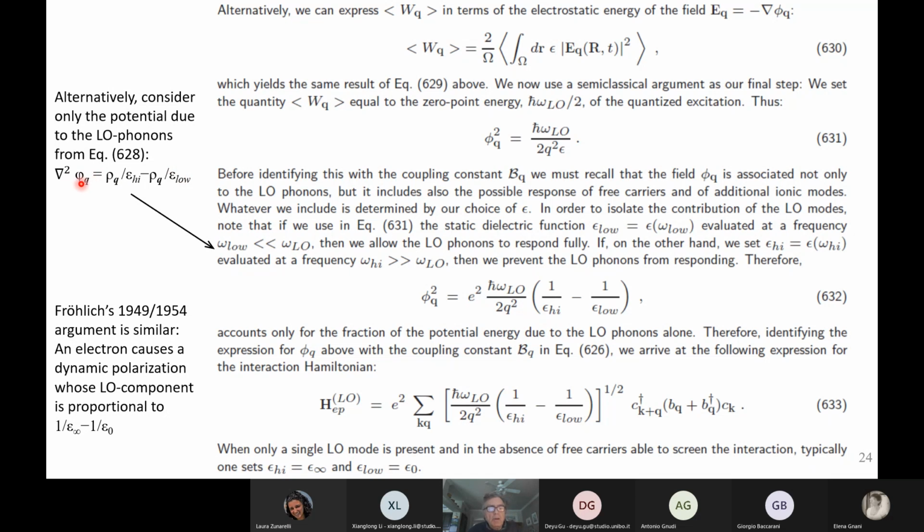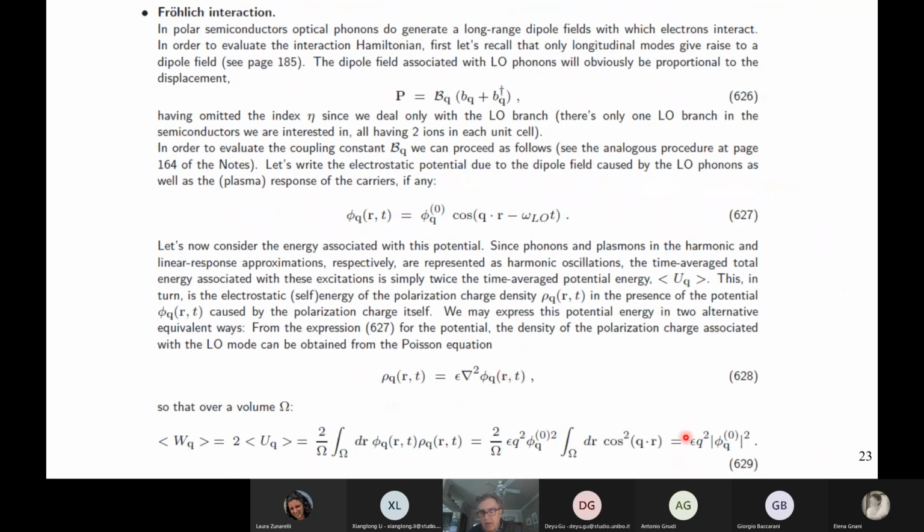This will give us only the potential associated to the longitudinal optical phonons. So if I define the inverse effective dielectric constant as 1 over epsilon high minus 1 over epsilon low, which is this quantity, I will get from this expression, now replace epsilon with this epsilon bar, which is this effective epsilon, which isolates the contribution of the optical phonons.